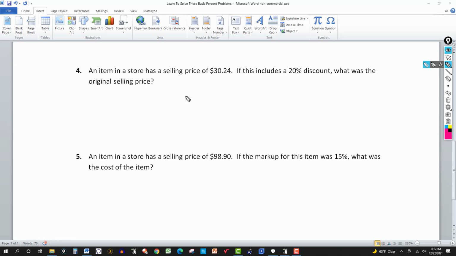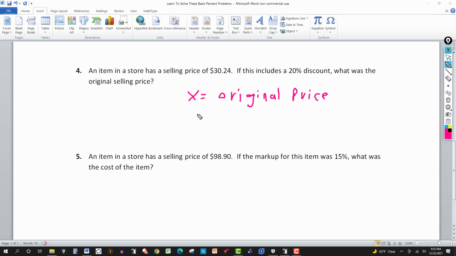So the holidays are coming. Maybe they discounted it for Christmas. So let X equal to the original price.